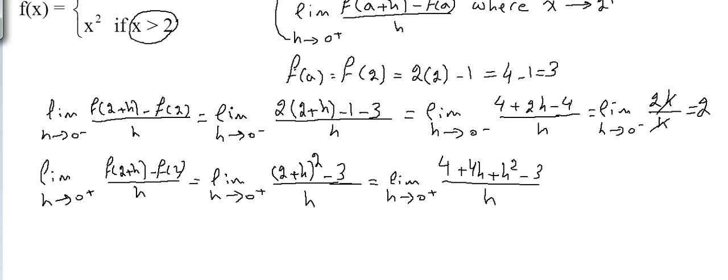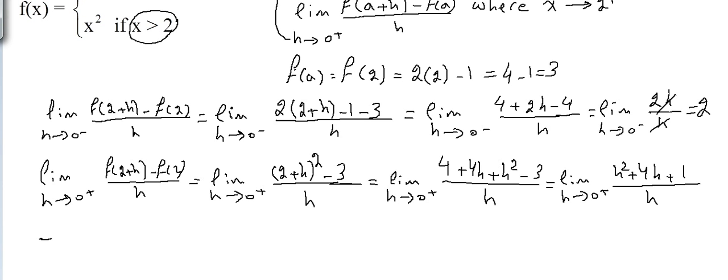We should simplify this. It's h squared plus 4h plus 1, since 4 minus 3 is 1, over h. Okay, we have a problem here, right? Because we have to get rid of h.